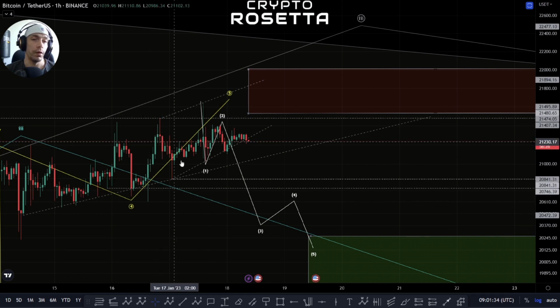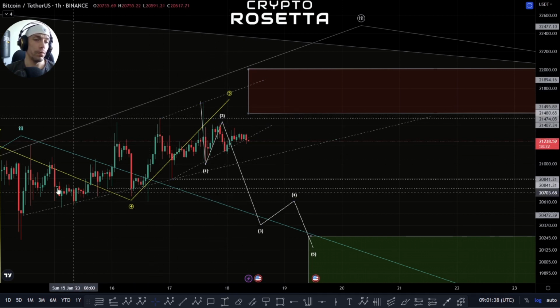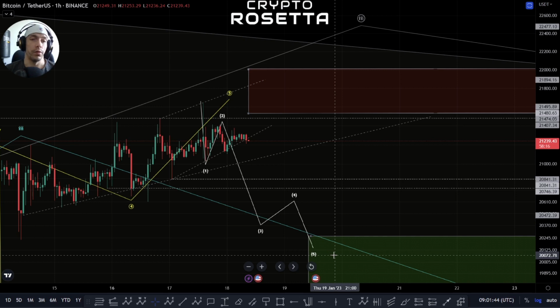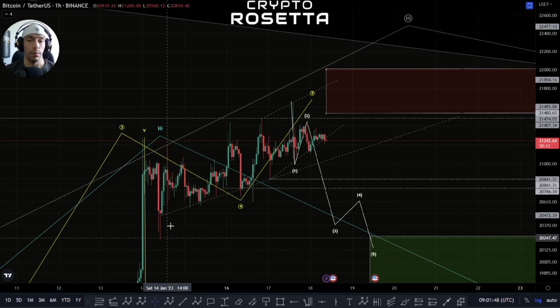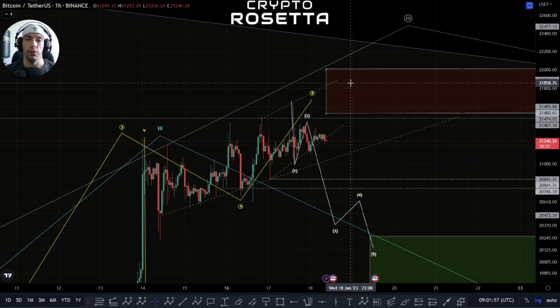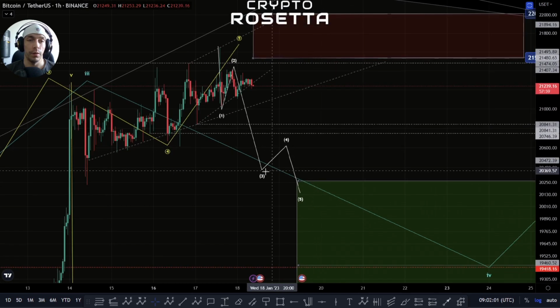We'd have to look at it either, like I said, as a truncation within it here, and then we're starting to break down, or this would just be basically an A, a B, and then we're looking to break down for this C wave. It is also possible that this could become more complex, where this is an A, this is a B, we drop down again, or this is still within a B wave, where we have this as an A, we drop down for a B, we push up for a C, and then we drop down for a 5-wave move, making a bigger structure.